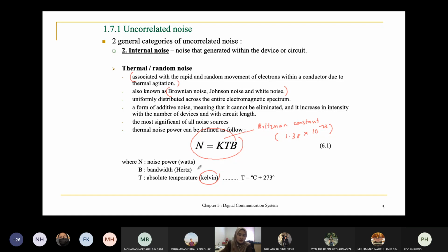You just add 273. So for example, if you have 30 degrees Celsius, to convert to Kelvin you need to add 273. So you will get the value in Kelvin.